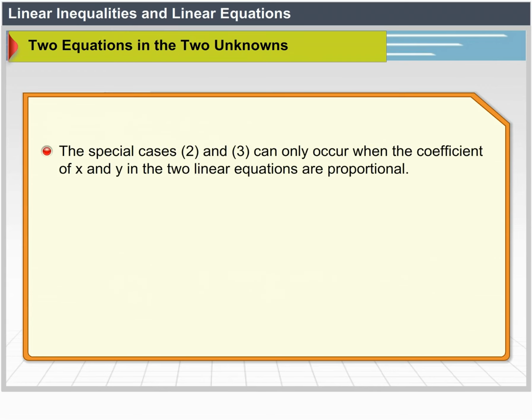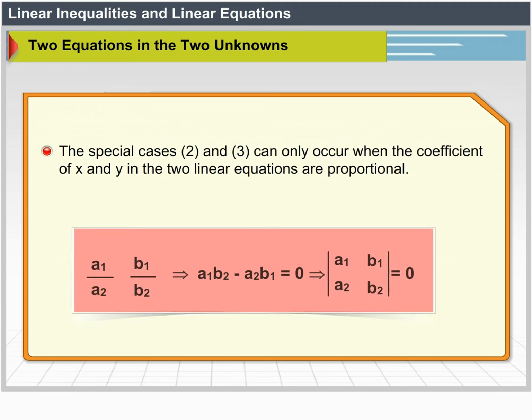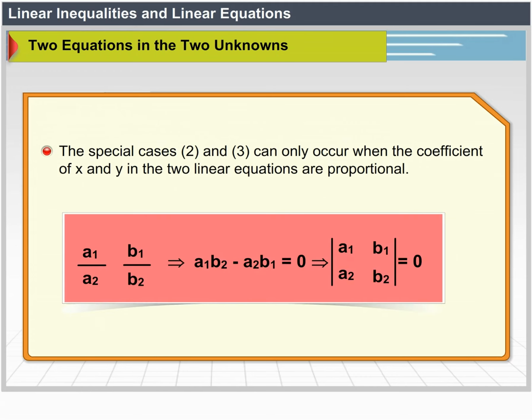The special cases 2 and 3 can only occur when the coefficients of x and y in the two linear equations are proportional: a1 by a2 is equal to b1 by b2, which implies a1 b2 minus a2 b1 is equal to 0, which implies the determinant with rows a1 b1 and a2 b2 is equal to 0.